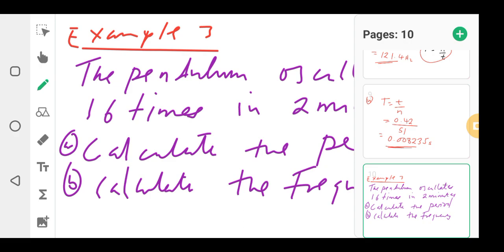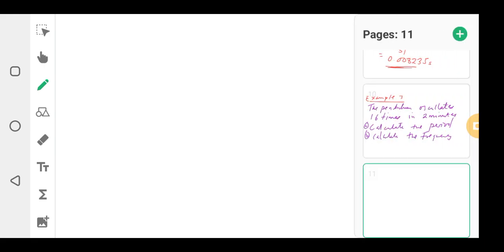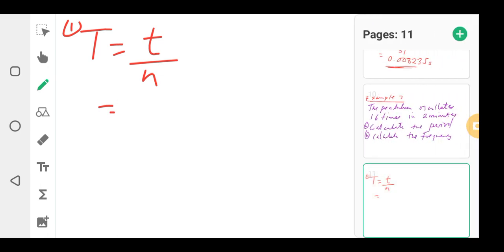So we're calculating the period first. Periodic time is equal to T over N. What is T?